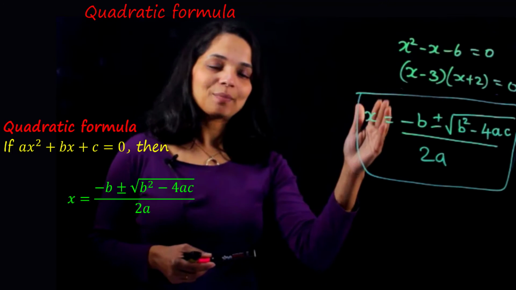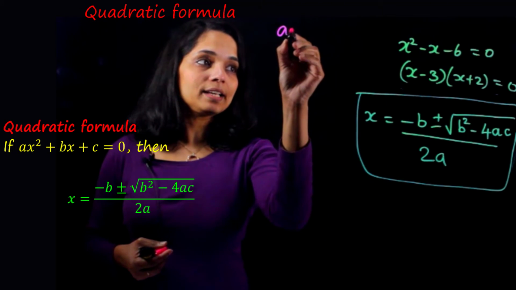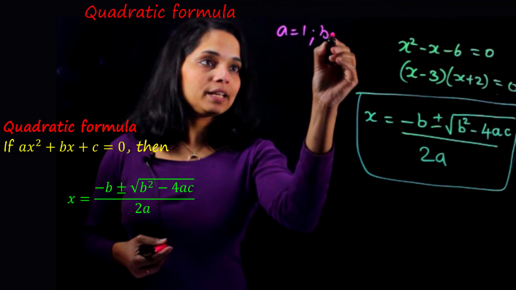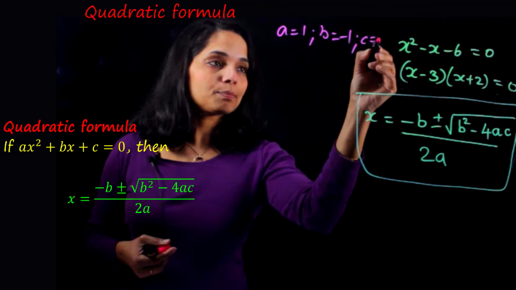Let's now do the same thing using the quadratic formula. Comparing this equation with the general form, a is 1, b is minus 1, the coefficient of x, and c is minus 6.